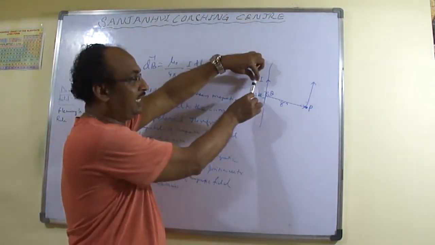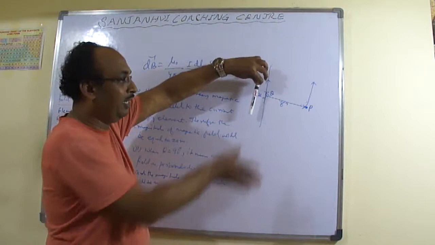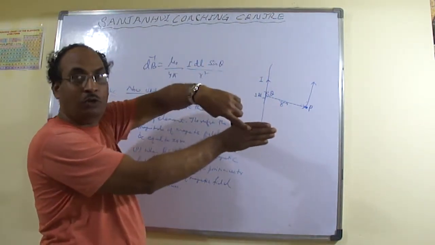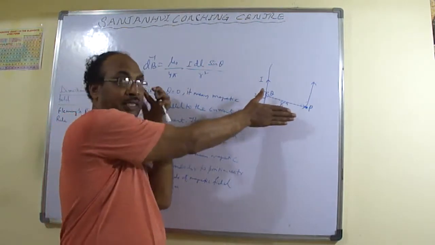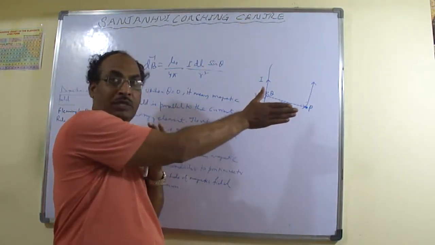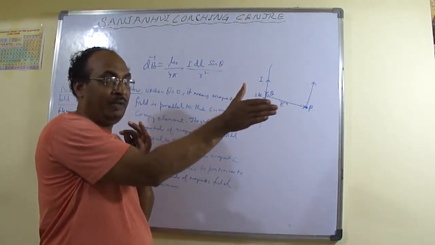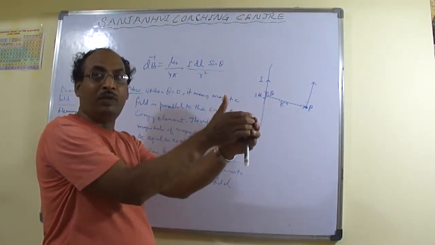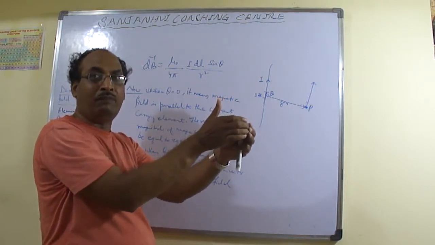So if you are keeping your thumb in the direction of current and your fingers are extended in the direction of position vector, then if you curl your fingers, this curling of the fingers will show you the direction of magnetic field.